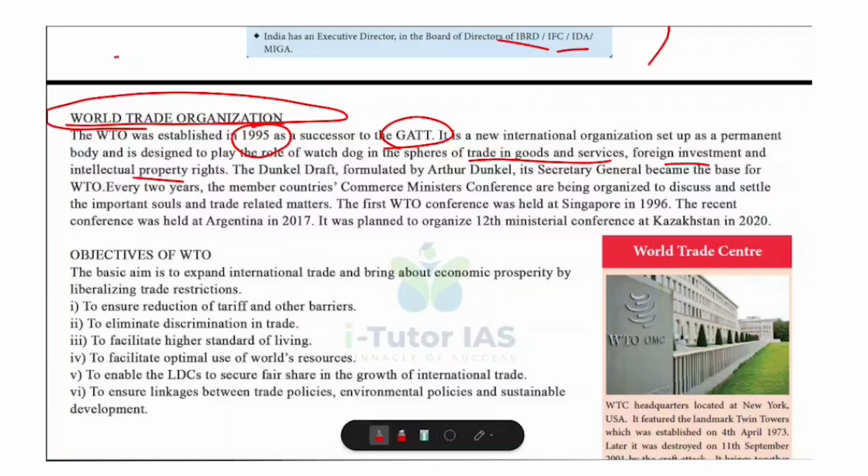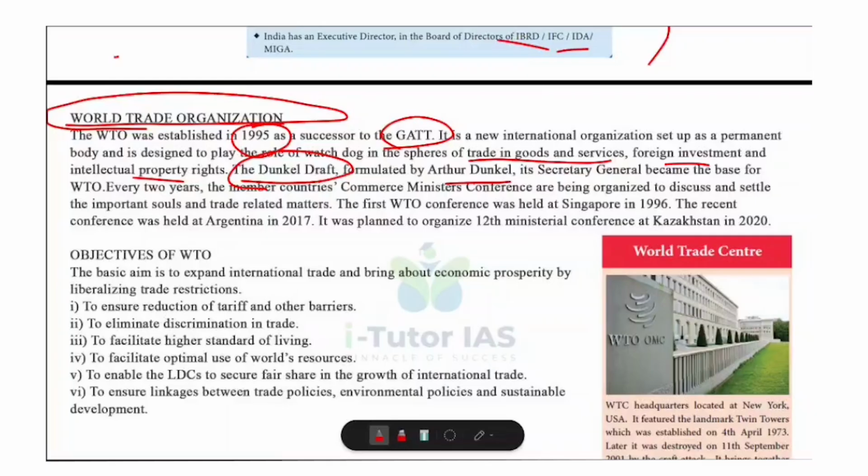And the Dunkel Draft. So the Dunkel Draft, formulated by Arthur Dunkel, the Director General of GATT, became the foundation for WTO agreements. This draft helped formalize rules for international trade under the WTO framework. And what about the ministerial conferences?